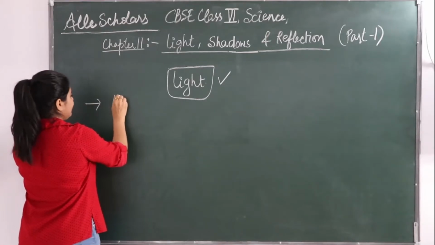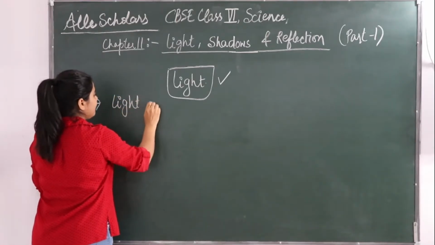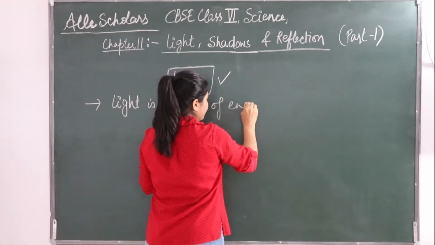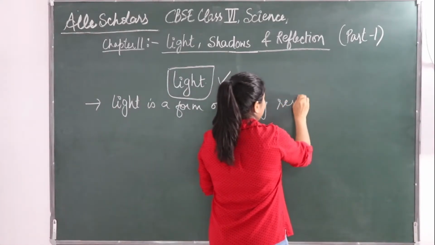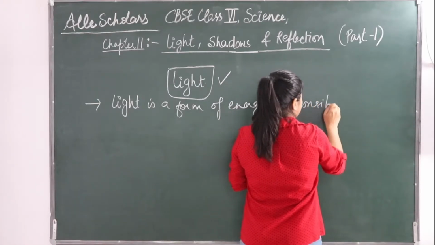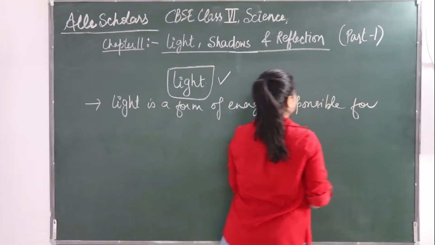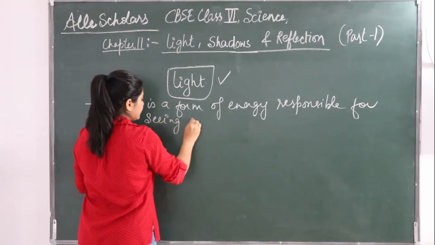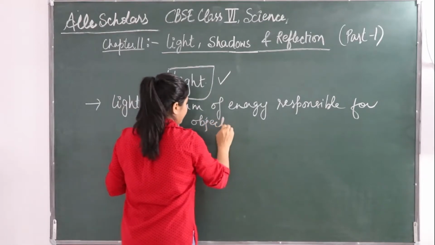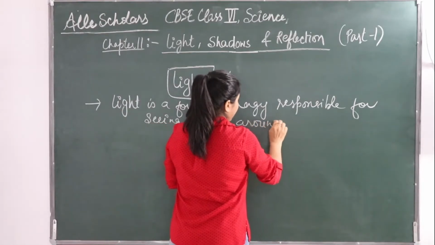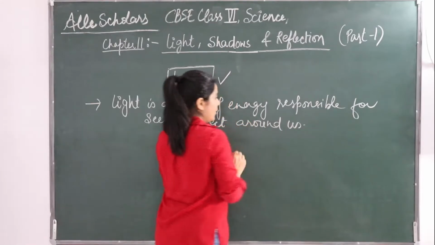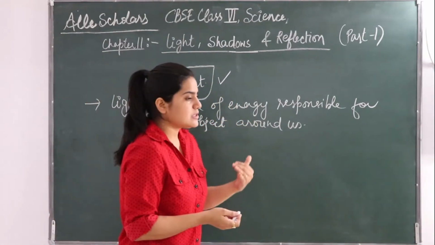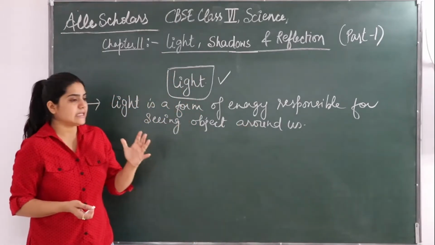The best definition of light is this: light is a form of energy responsible for seeing objects around us. Okay, so it is light that helps us to see objects.